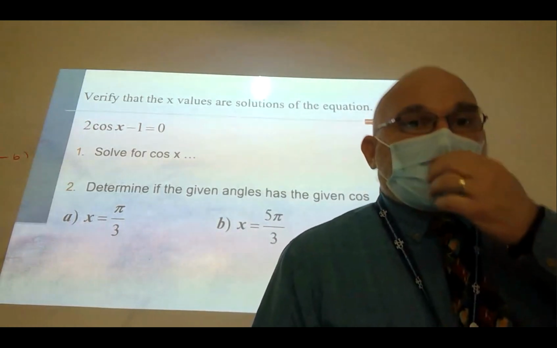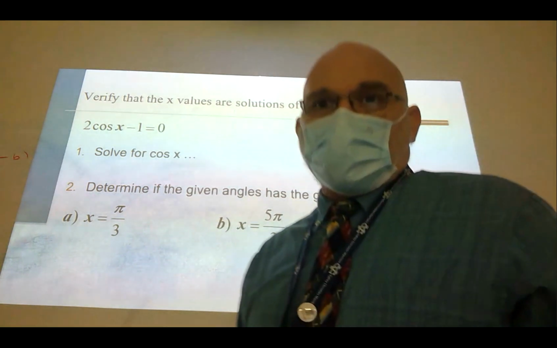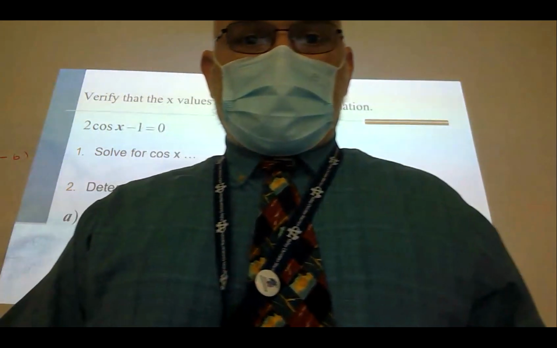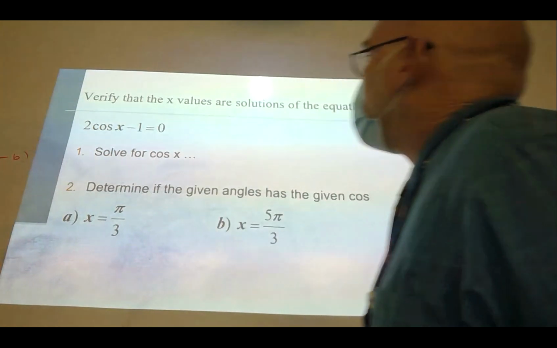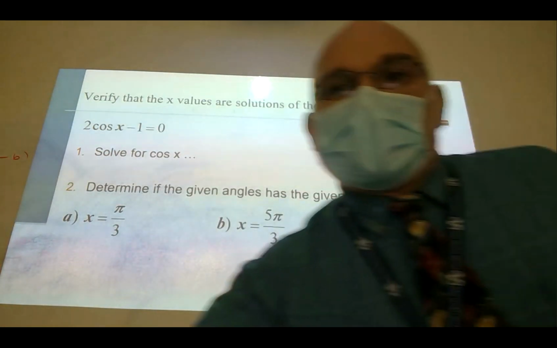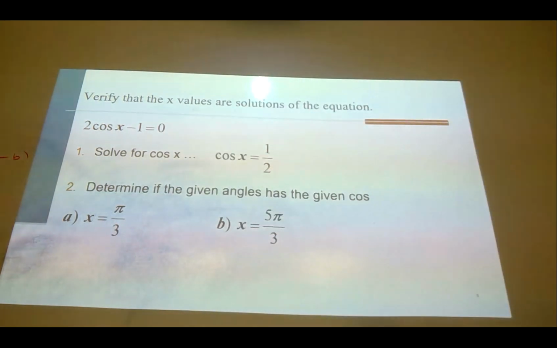So let's take a look at where we're going. If I have an equation like this, 2 cosine of x minus 1 equals 0, we can solve for cosine of x. Cosine of x in this case is going to be equal to 1/2, right?